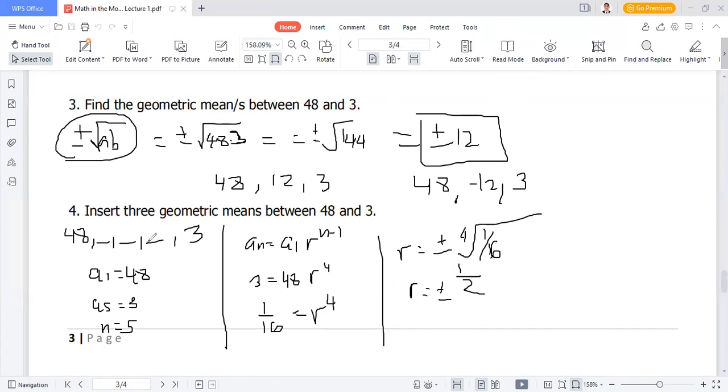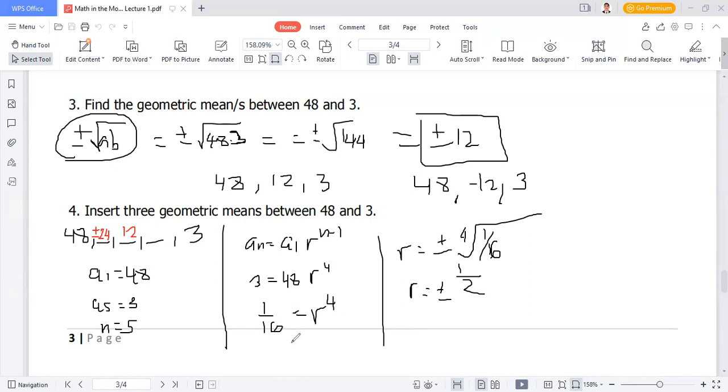So ang gagawin natin, multiply lang natin dito. So 48 multiplied by positive or negative 1 half. Magiging ano yan? Positive negative 24. Tapos positive negative 24 multiplied sa positive negative 1 half. Magiging positive 12 lang. Kasi negative times negative, positive pa rin. So kahit alin yung multiply dyan, positive lang lalabas.